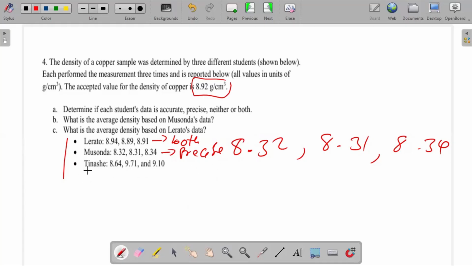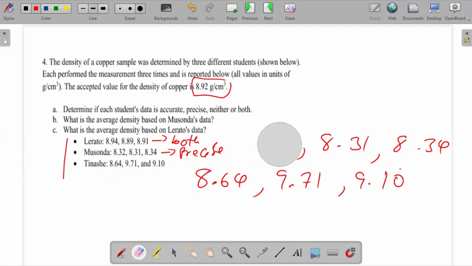Okay. So let's look at the last person, Tinashe. So we're having 8.64, then we have 9.71, then we are having 9.10. Is it accurate?